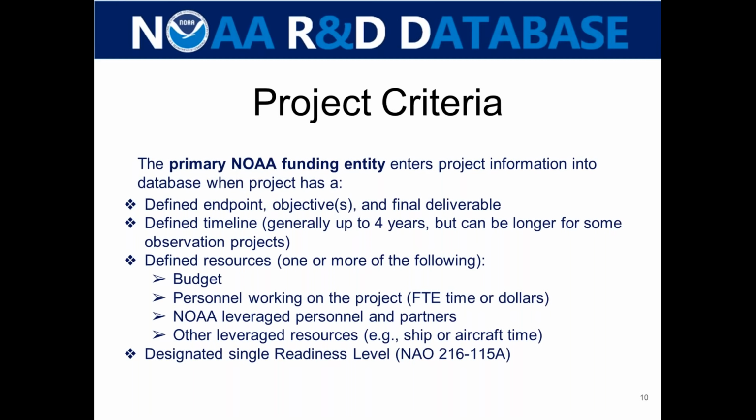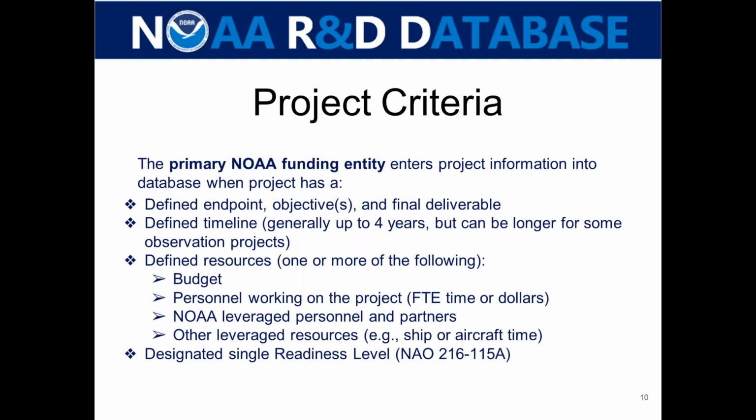And finally, every project should have a designated single readiness level as defined in the NAO 216-115A. We do recognize that sometimes under a particular technology, you might have different aspects of it that are at different readiness levels. Some of it might be in operations, other aspects of it might be in development for the next version, and so on.